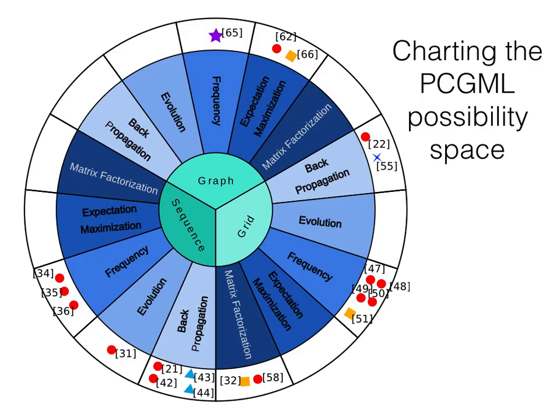Now, in this paper, the survey paper I mentioned in the beginning, we did a survey of what kind of different data representations, graph, sequence, and grid, and what kind of machine learning method had been used for each of them, and then we tried to map how the studies have existed, and it shows that there is a lot of virgin territory.